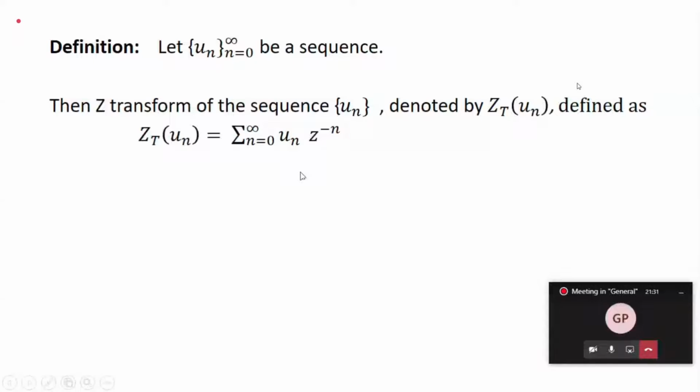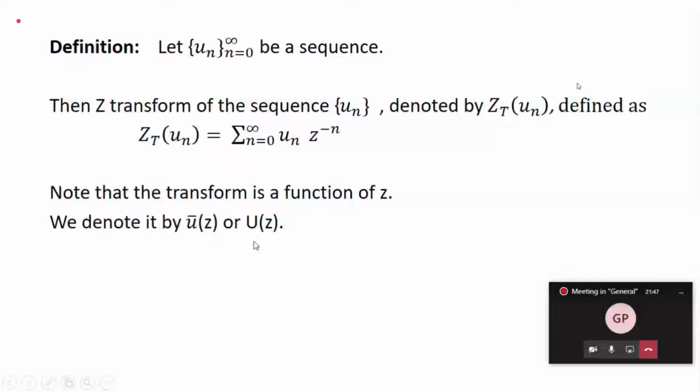And can you see that this is a function of z because we are summing it with respect to n. So this expression will be a function of z, and that function of z is called the transform, and we denote it either by u bar of z or u of z.